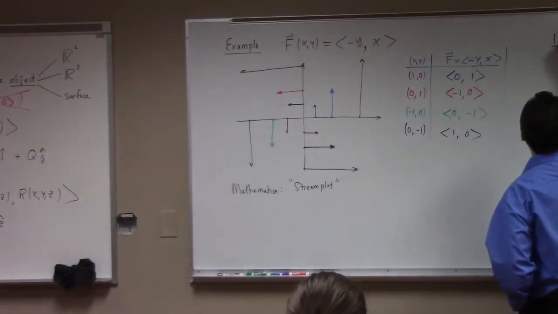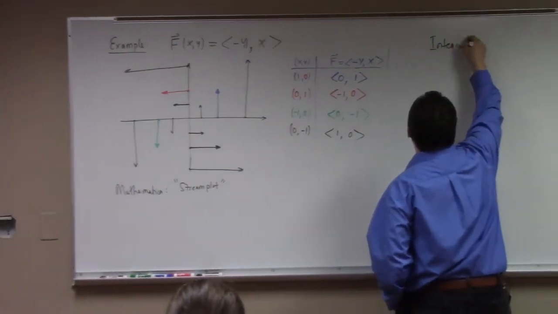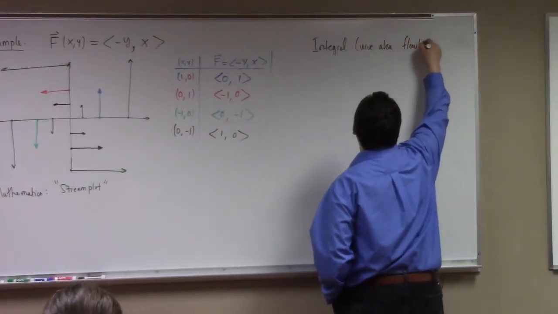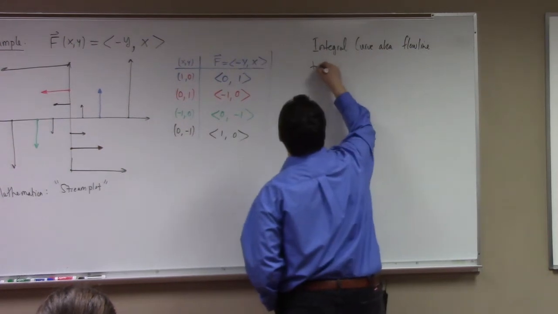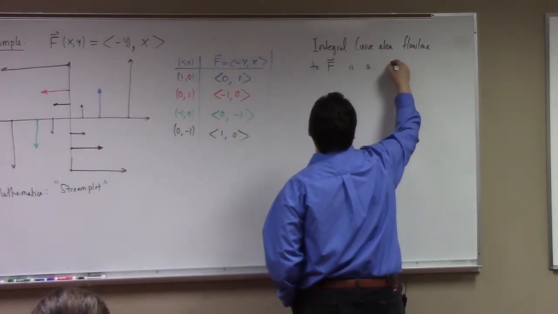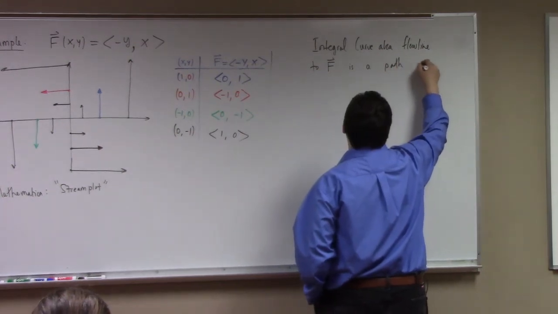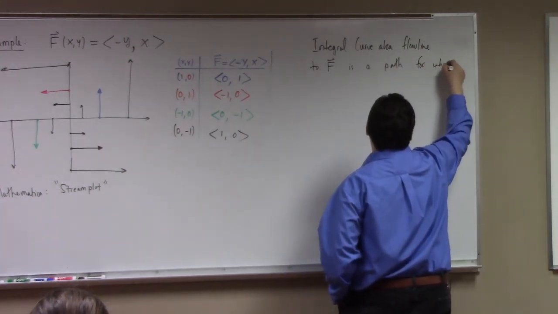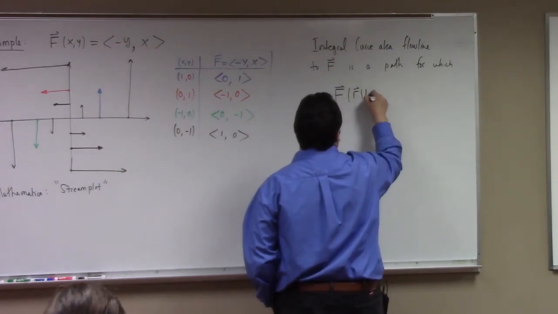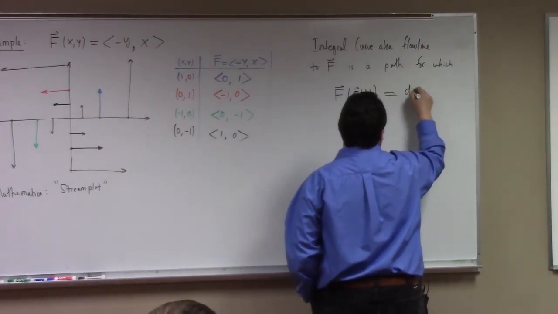An integral curve, aka a flow line, to F, is a path for which we have the following: F of r of t is equal to dr/dt.